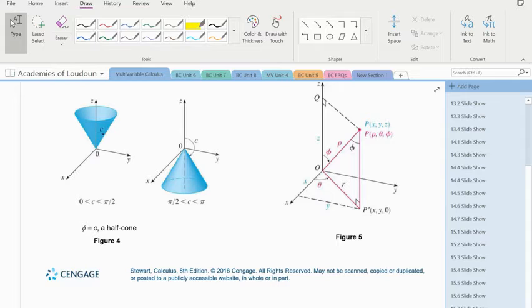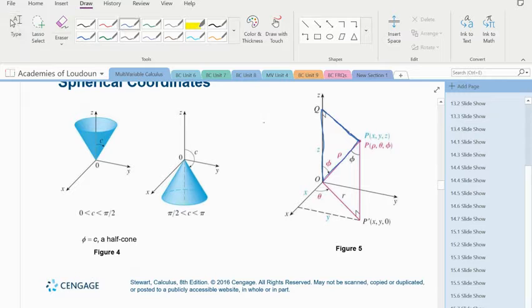The relationship between rectangular and spherical coordinates can be seen from Figure 5. If we look at triangle OPQ, we see that our z height is rho cosine phi.